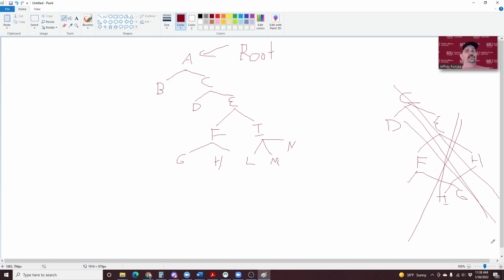But our branches do not cross. That's a fundamental notion of the syntax that is really important.